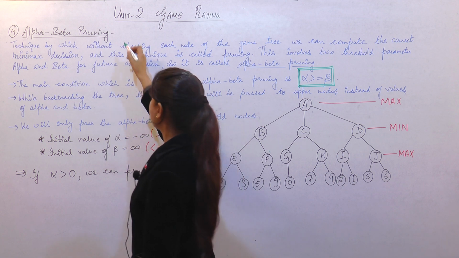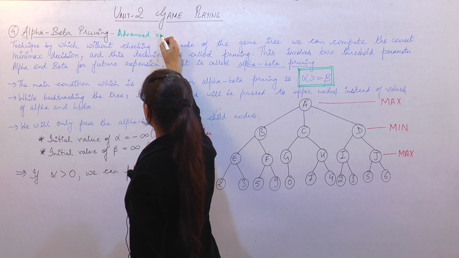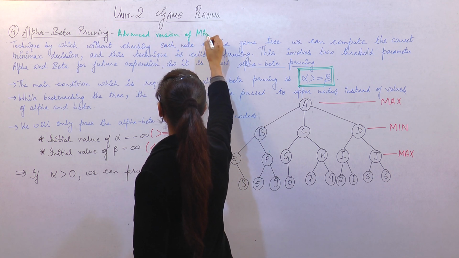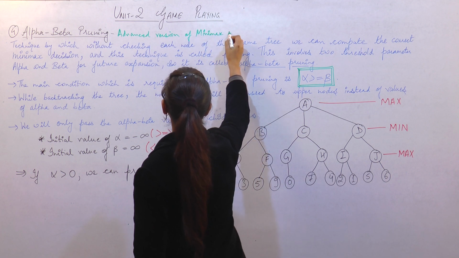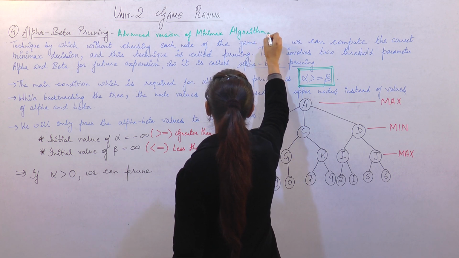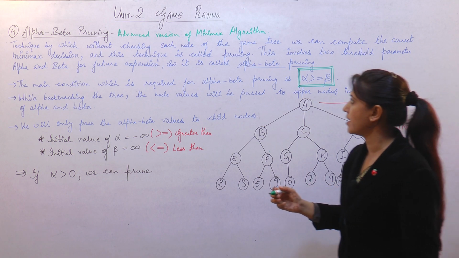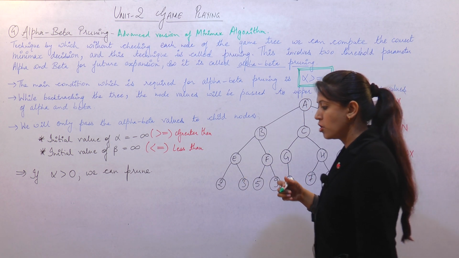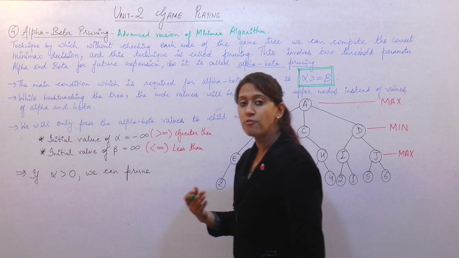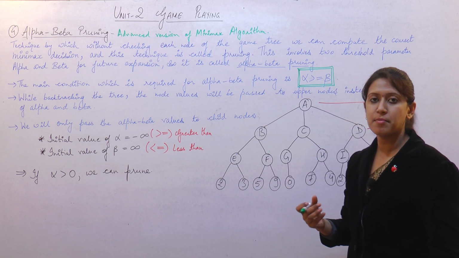So the alpha beta pruning technique or algorithm is the advanced version of minimax algorithm. We will study in alpha beta pruning technique how we can solve the problems with a large number of comparisons.